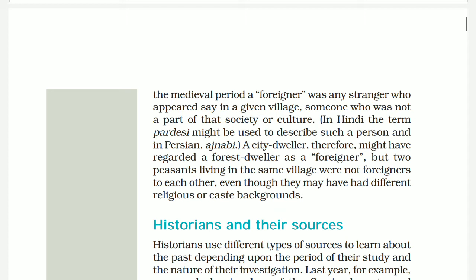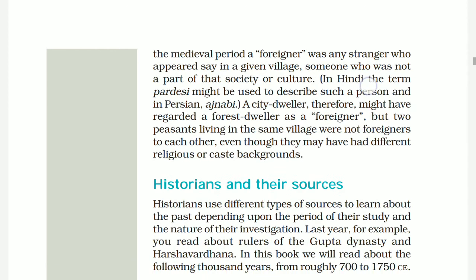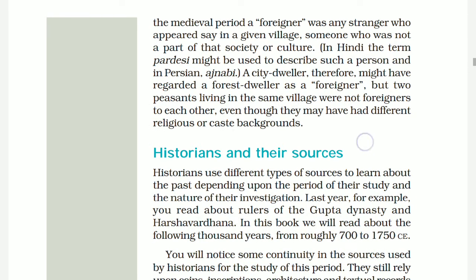So, even if the person is from another village, they call them a Pardesi, Ajnabi or a foreigner. A city dweller therefore might have regarded a forest dweller as a foreigner, but two peasants living in the same village were not foreigners to each other, even though they may have had different religion or caste or background.